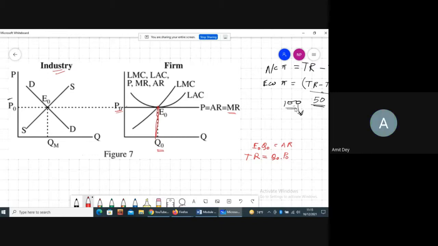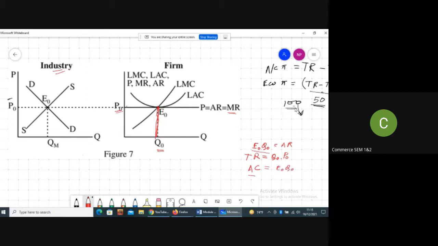Okay. So what about the total cost? What is average cost? Because this is the LAC curve, long run average cost. At the equilibrium point, to produce Q0, the per unit cost or average cost is this distance, the same E0Q0. So average cost is also E0Q0.